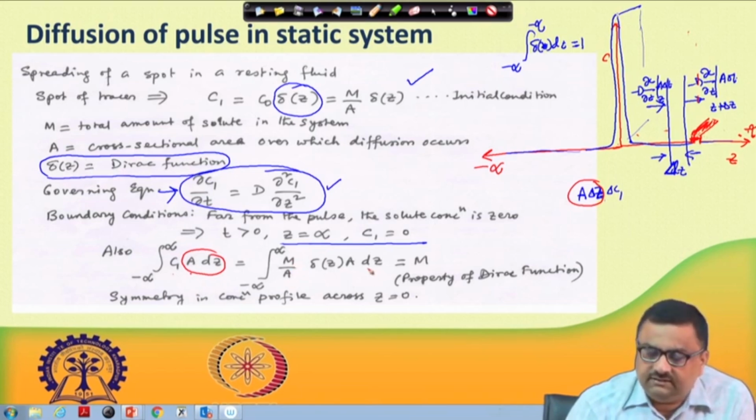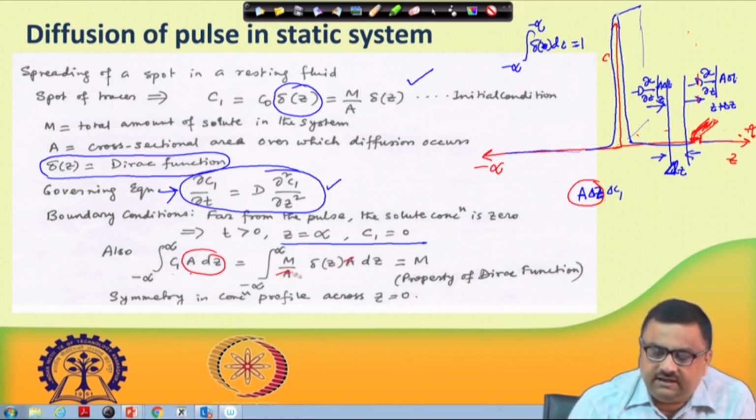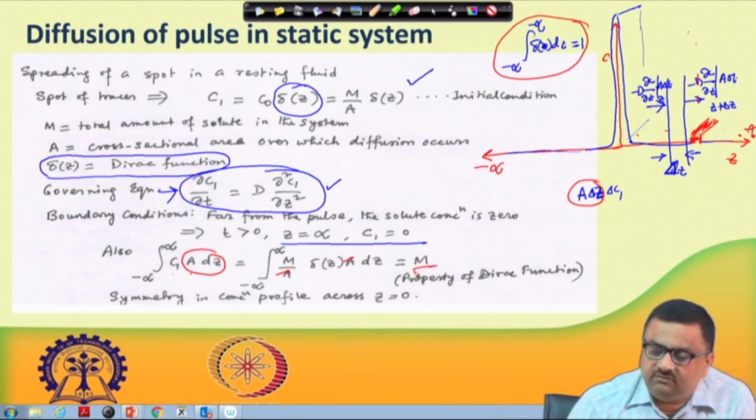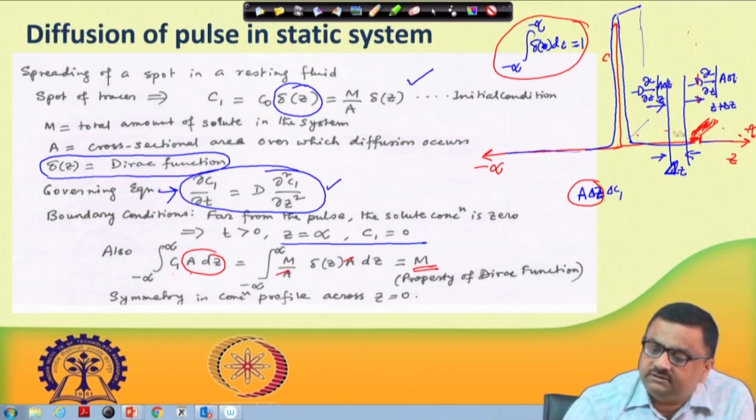The A will cancel out, and m will come out of the integration because m is constant, and the integral of the delta function is the property of the Dirac delta function. So essentially this is equal to m. That means at any time, the sum of all the concentrations everywhere gives m.